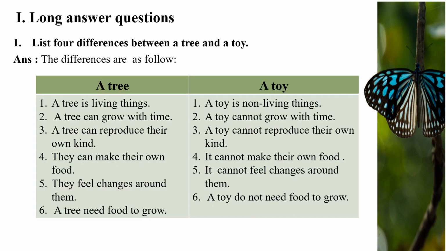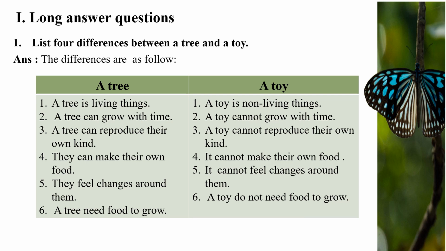Long answer questions. First question. List four differences between a tree and a toy. Answer. The differences are: first, a tree is a living thing, but a toy is a non-living thing. Second, a tree can grow with time, but a toy cannot grow with time. Next, a tree can reproduce its own kind, but a toy cannot reproduce its own kind.